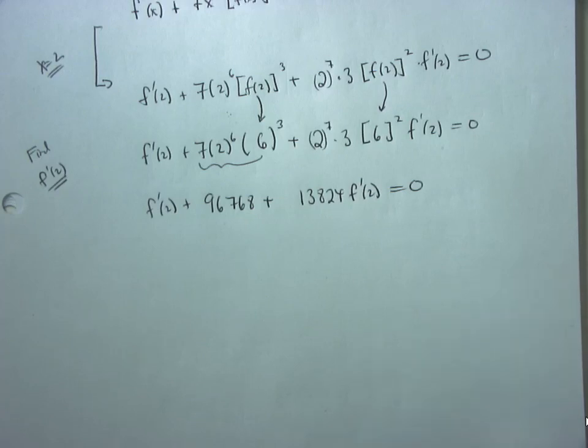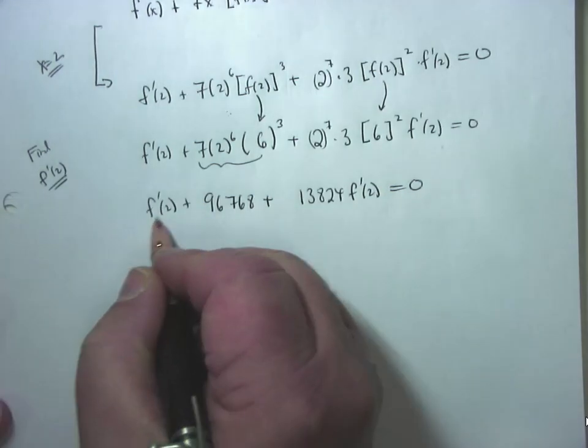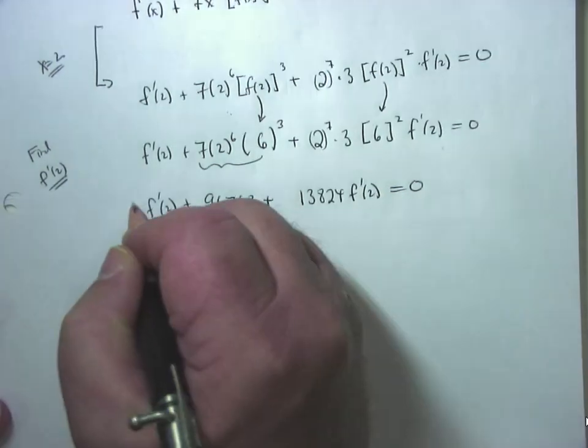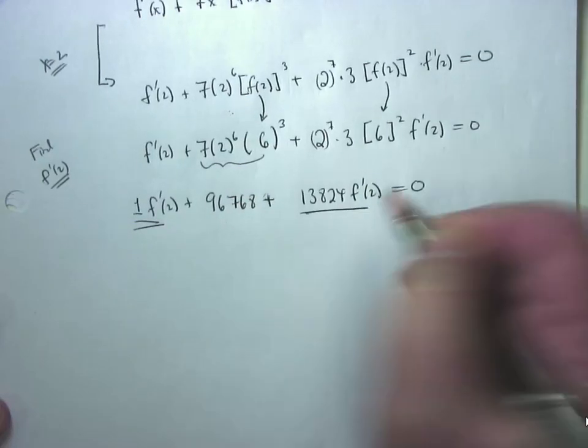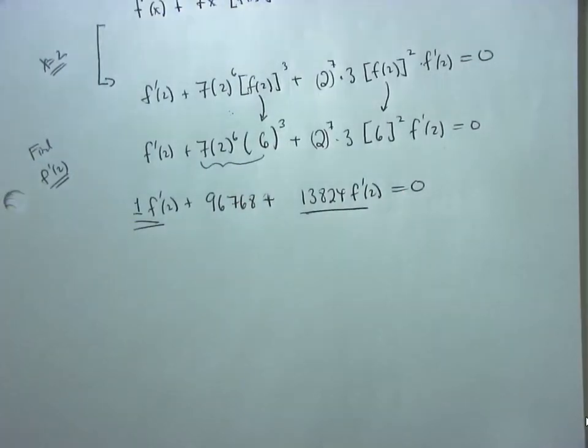When you're adding, you just add the coefficients up front, right? If I go, what is 3x plus 2x? It's 5x. You just add the coefficients up front. How many f prime of 2's do you have right here? Understood to be 1 of them. Plus, you got 13,824 f prime of 2's.